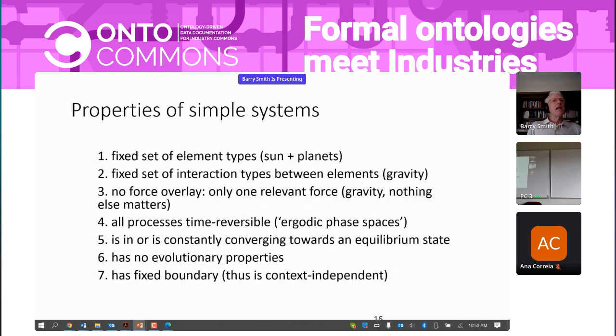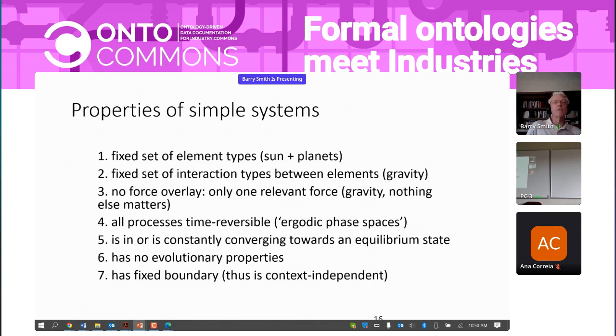And the simple systems have all of these mathematical properties. So they have a fixed, the solar system is the best example. They have a fixed set of element types, a fixed set of interaction types, gravity in this case. There is one relevant force, again, gravity. All processes are time reversal. That means we have ergodic phase spaces. And that is the crucial part of the book.